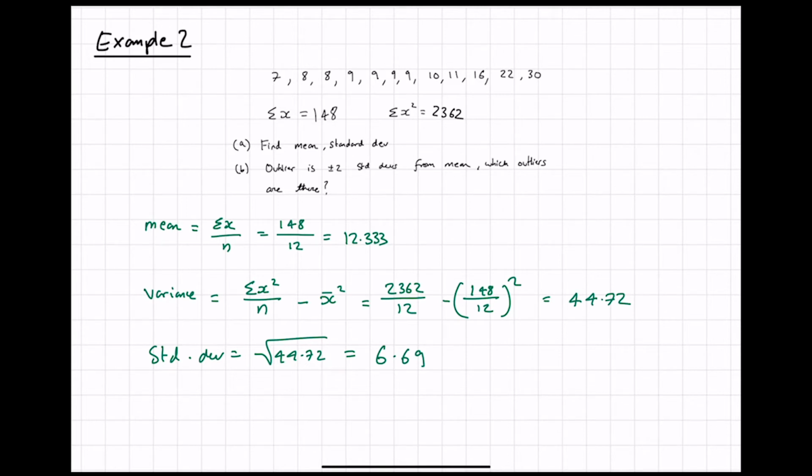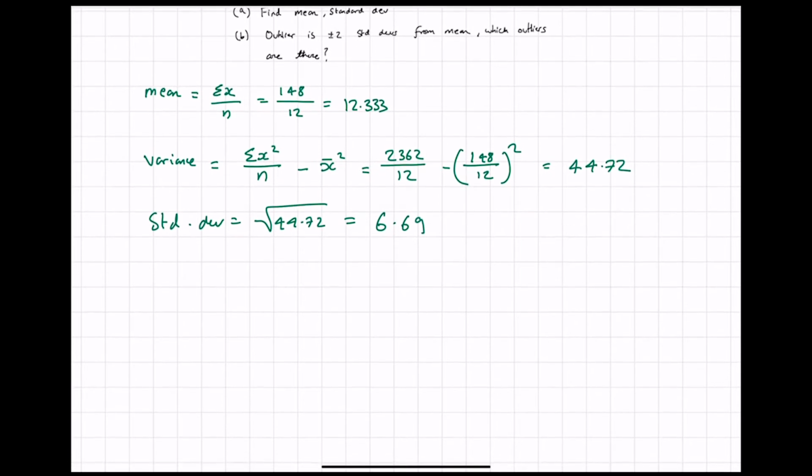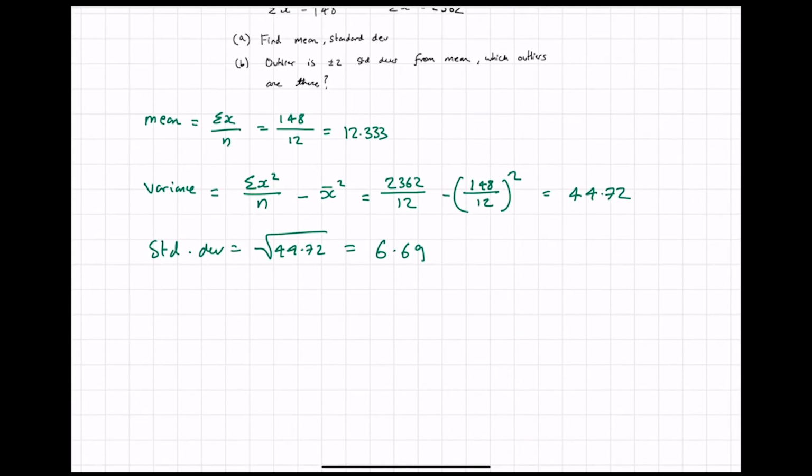So the next part of the question says, an outlier is plus or minus 2 standard deviations from the mean. So this one's actually easier to understand. It's using the equations we learned before, but it's giving us a new way of finding the outlier. So all you have to do is just follow this. So 2 standard deviations away from the mean. Well, the mean is 12.33.